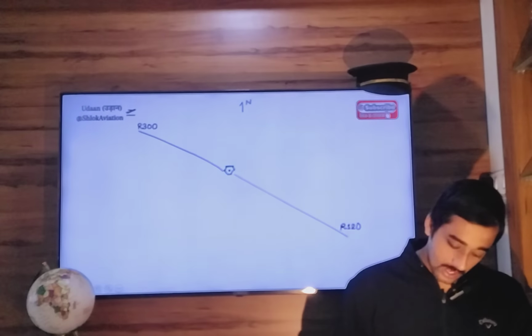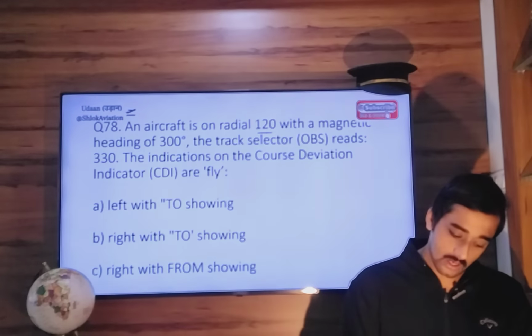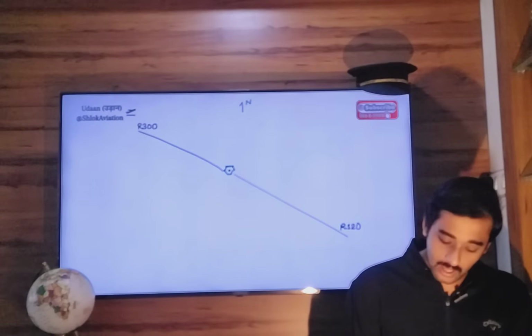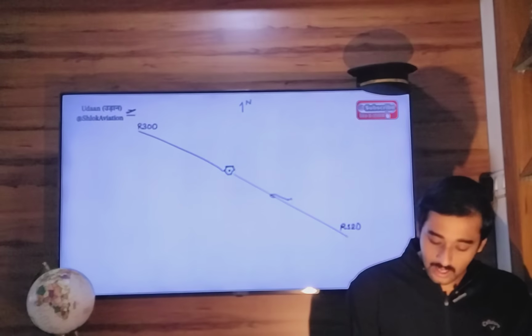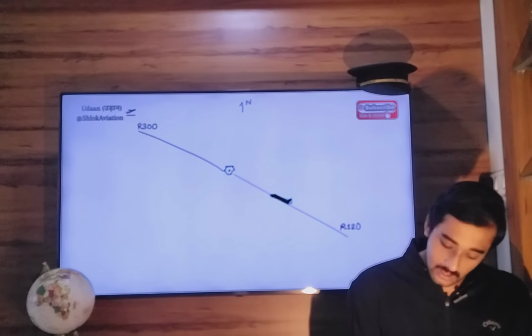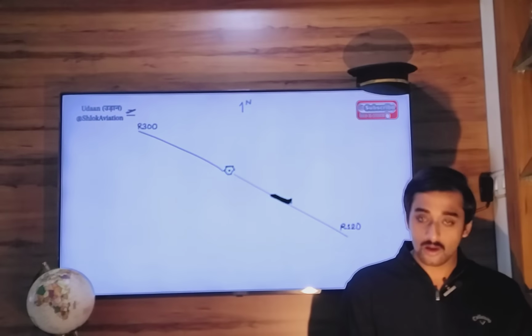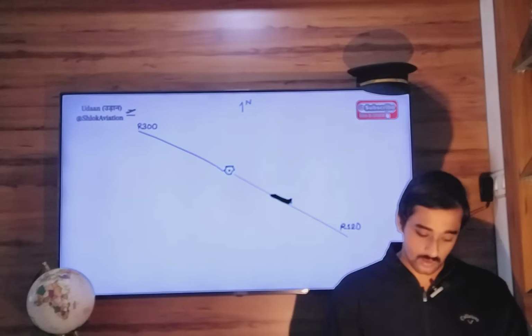The aircraft is flying on radial 120 with a heading of 300. That means the aircraft is flying radial 120 inbound towards the VOR station.